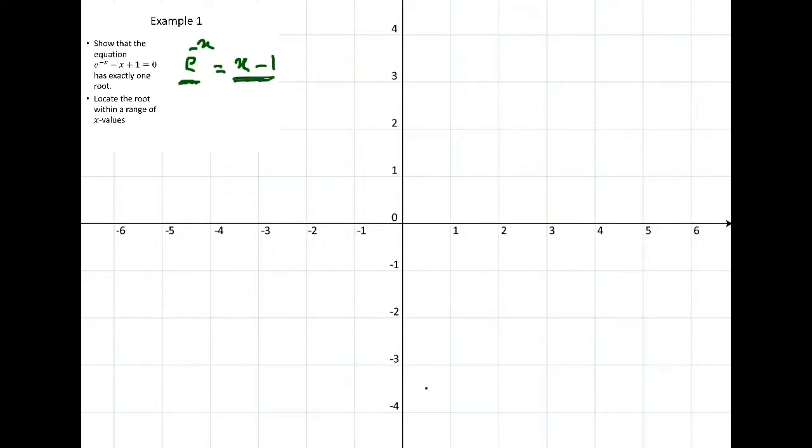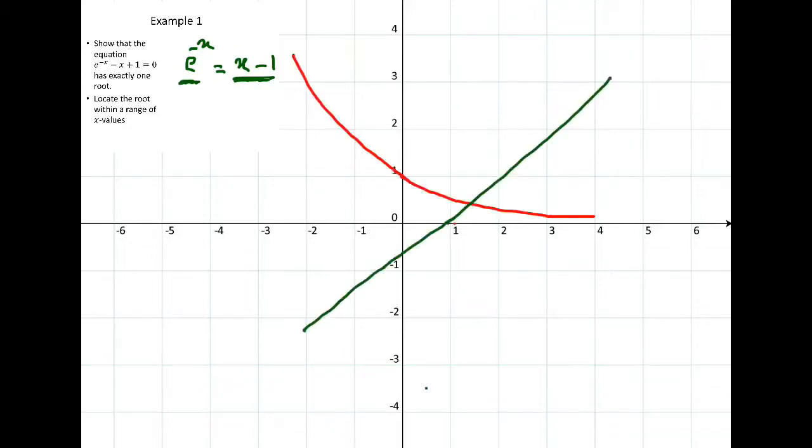This is a straight line graph, so this is the straight line, that's y equal to x minus 1, and this is y equal to e to the minus x.